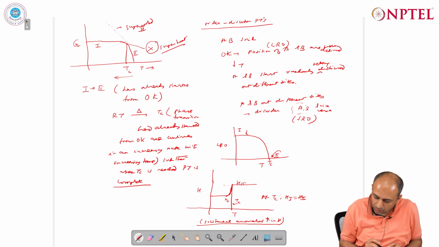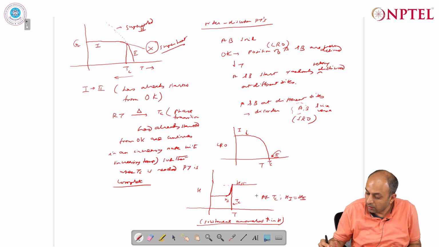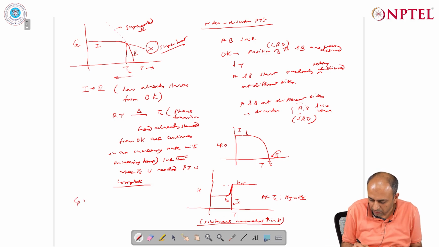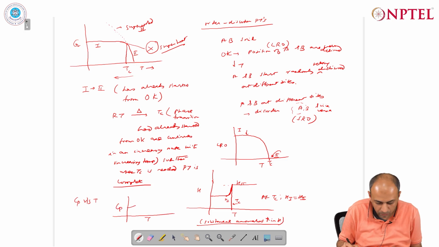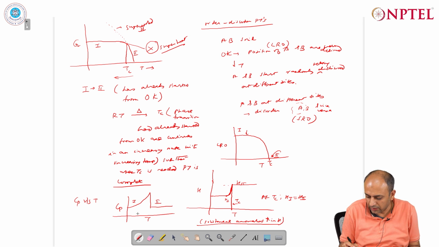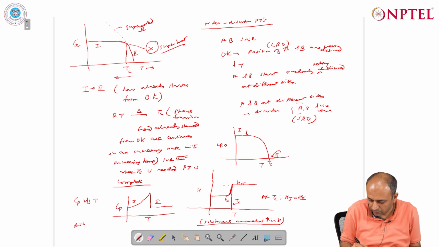And one thing I must also mention here, that when you have this kind of a response in the H versus T plot, what you can now plot is Cp versus T, and there, as we had shown you, if you plot Cp versus T, there is a discontinuity in Cp at Tc.